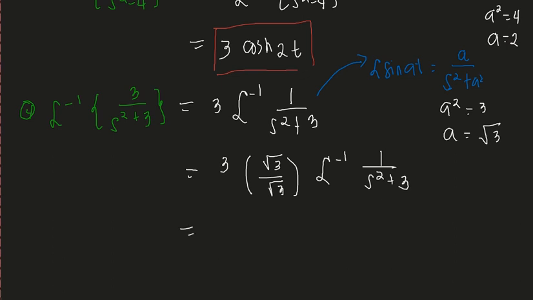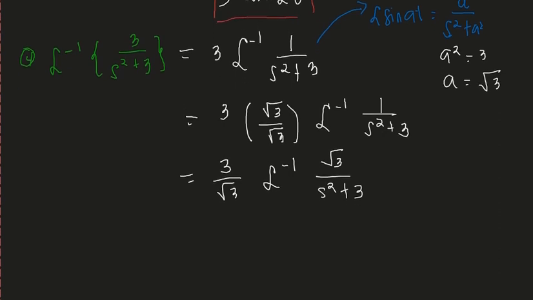So, ipasulod nato ng ari nga term, para may ara na kita value sa aton nga a. So, we'll have 3 all over square root of 3, and we have the inverse Laplace transform of your square root of 3 all over s squared plus 3. So, this one, pwede na siya natin diretso ma-inverse Laplace transform.